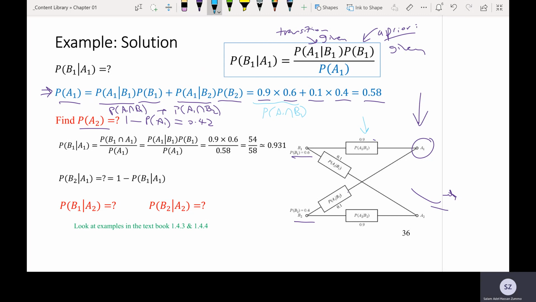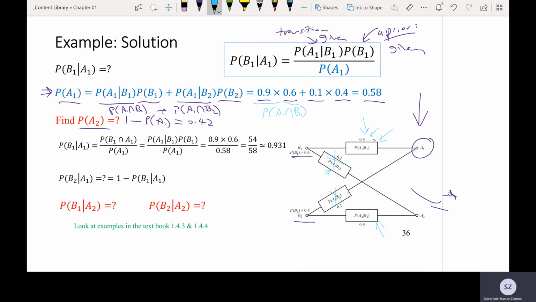Excellent. Other questions? Please. If we had A1 given B1, but you have this and you don't have this, can we apply the same rule? This is a very good question. Let me give it to you. Your friend is saying, okay, I have these two probabilities but I don't have these, right? Nobody gave you those. Good. Now think about it this way.